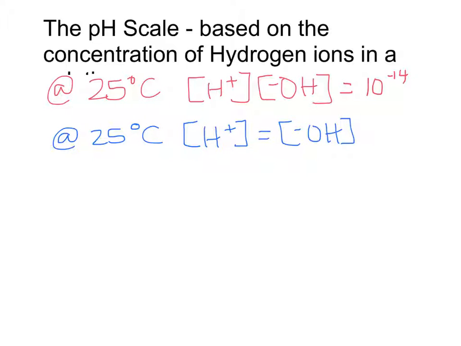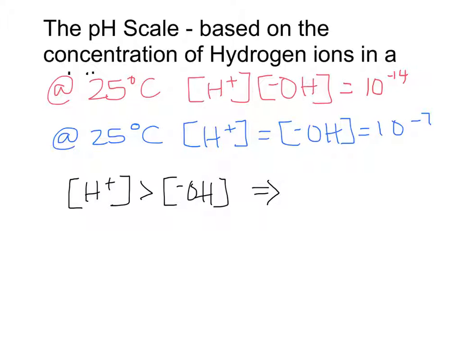This means that in pure water, or a neutral solution, at 25 degrees Celsius, the concentration of hydrogen ions equals the concentration of hydroxide ions, which equals 10 to the minus 7. This is because 10 to the minus 7 times 10 to the minus 7 equals 10 to the minus 14.